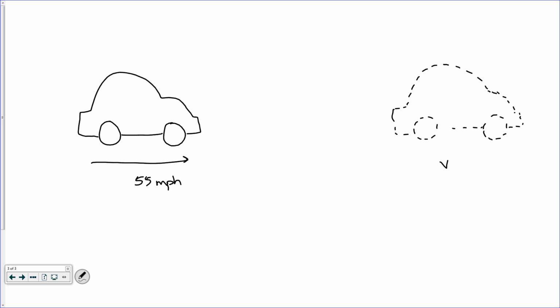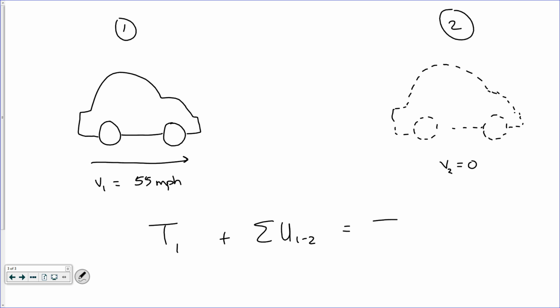So the velocity at this later time is going to be 0. I'll call this v1, and I'll call this v2. The work and energy principle says T1 plus the net work done from 1 to 2, 1 is over here, 2 is over here, must be equal to T2.